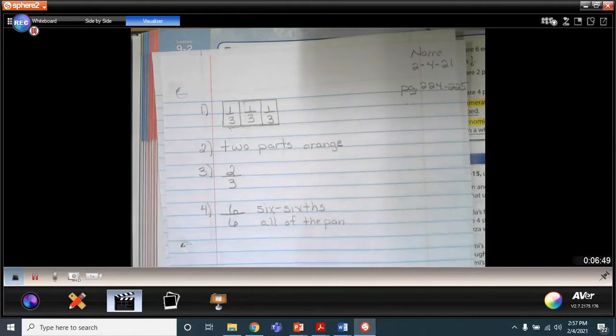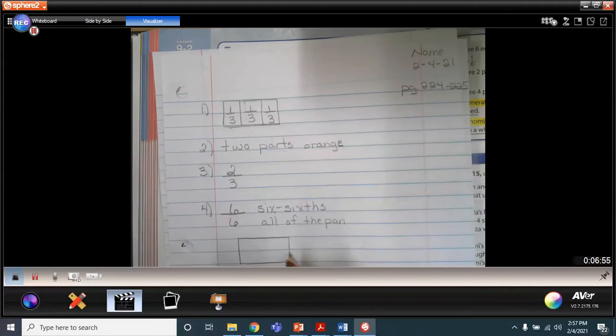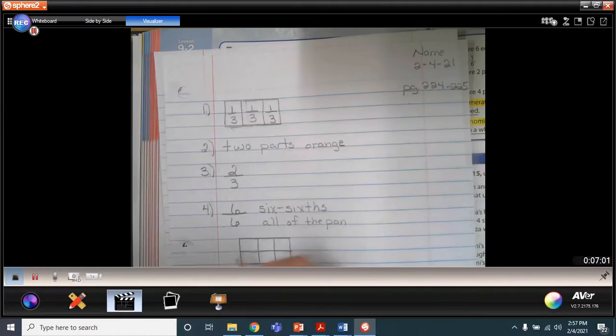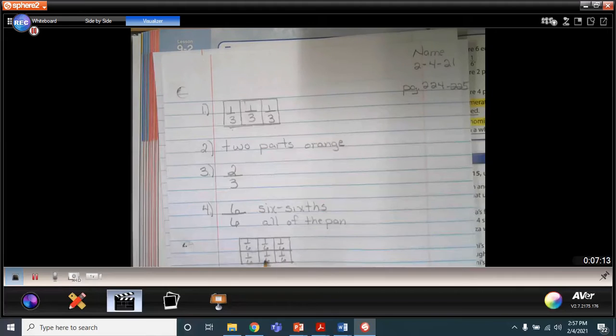So if we were to, and you don't necessarily have to draw this, but I'm just going to draw this for you so you can get an idea of what I'm talking about here, is if we were to take that pan, each one of those, after it came out of the oven, each one of these would be one of the 6 pieces.